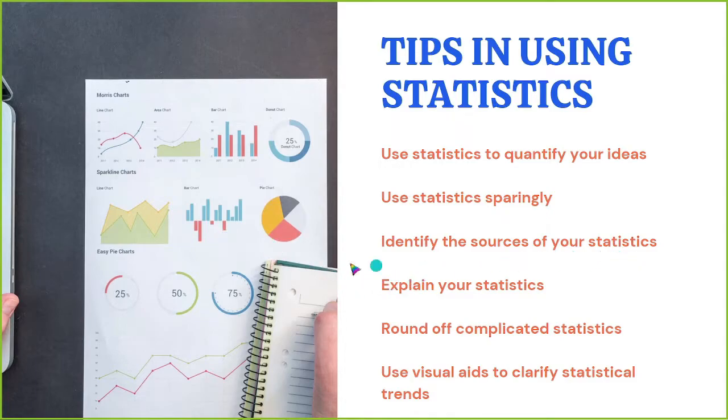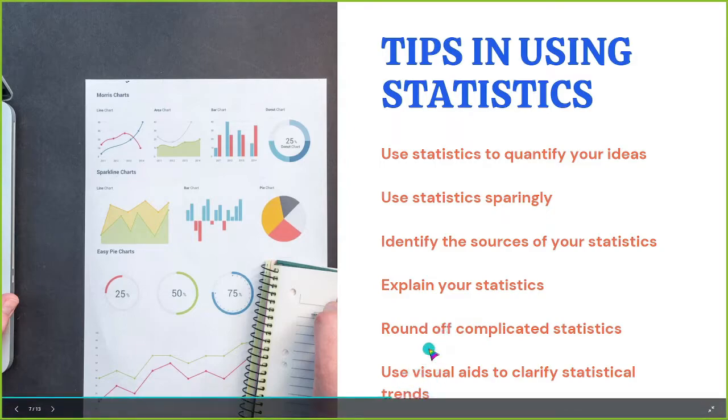Identify the source of a statistic, an official source for the data collection, and then explain your statistic. You need to explain what this line means, explain every chart that is shown, and then round off complicated statistics. If your chart has too many details, you have to simplify it so the audience can better grasp your chart, and use visual aids to clarify statistical trends.